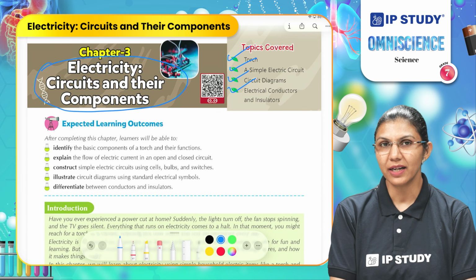First of all, you need to understand the structure of a torch. A torch is usually made of a plastic or metal container. Let's check the design of a torch. So here we have a plastic or metal case.